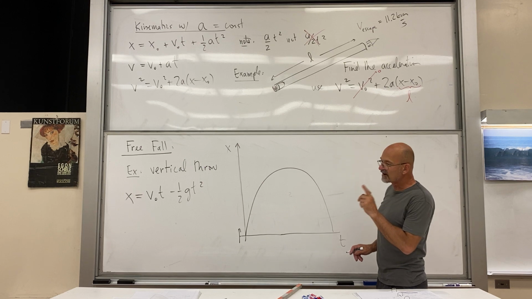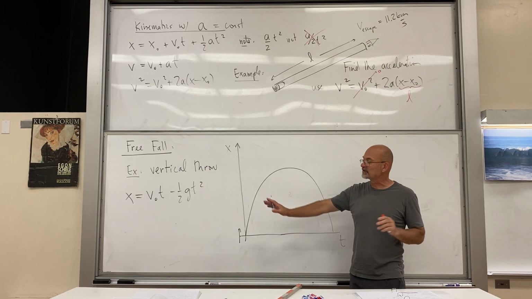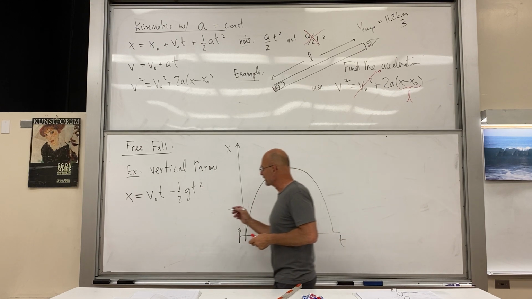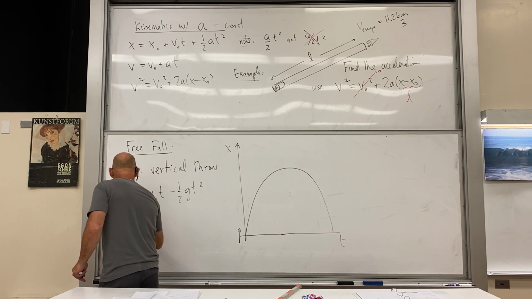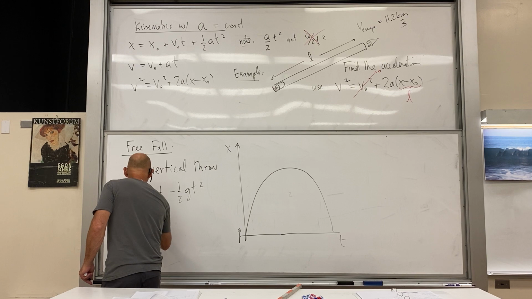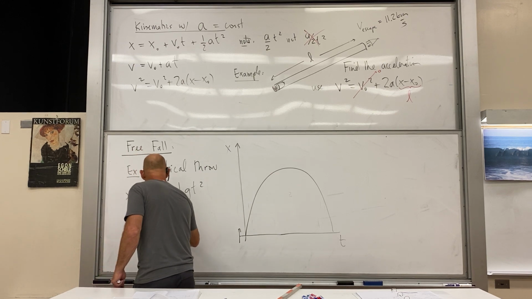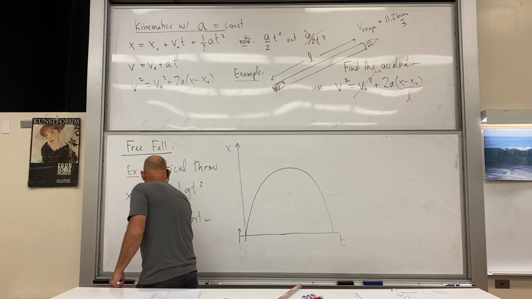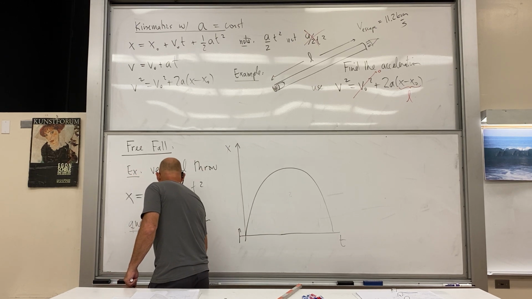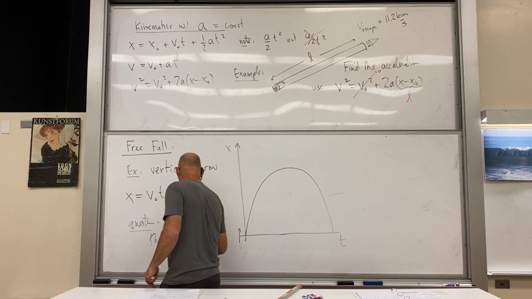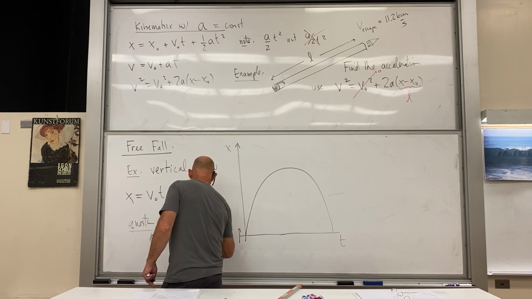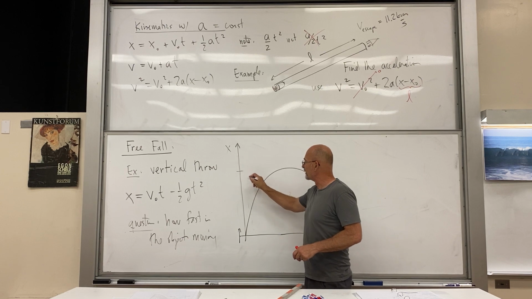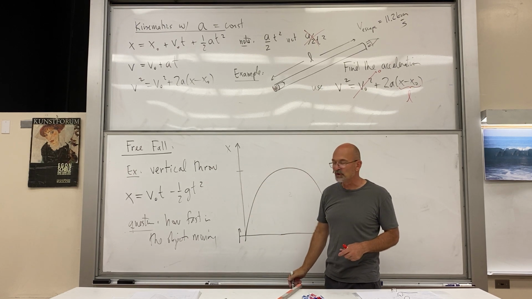Okay. Now the thing is, I've been saying we can answer any question about this thing. So I'll ask this question here. Question: how fast is the object moving? In other words, what is its speed when it reaches the maximum height divided by 2?